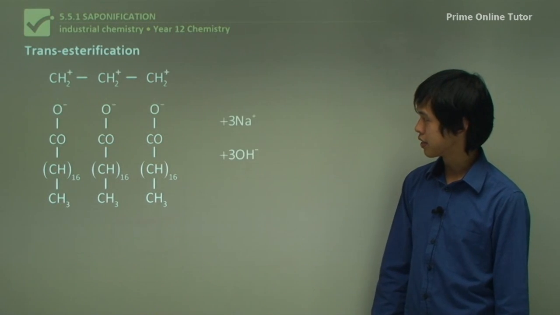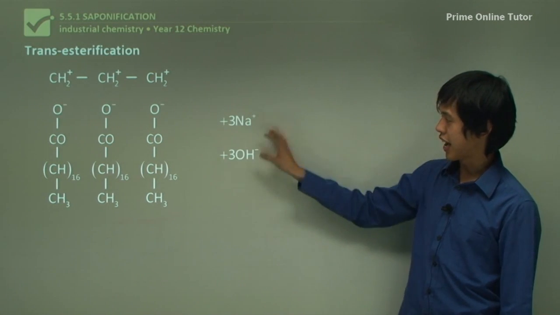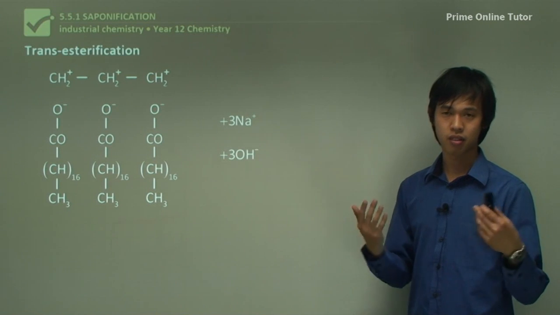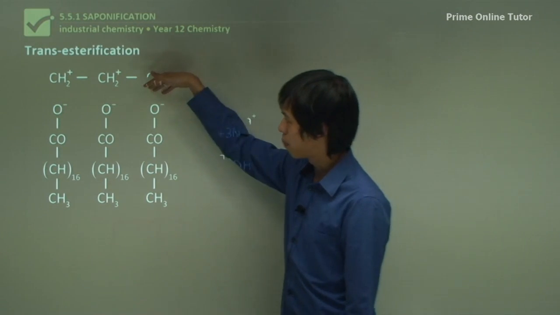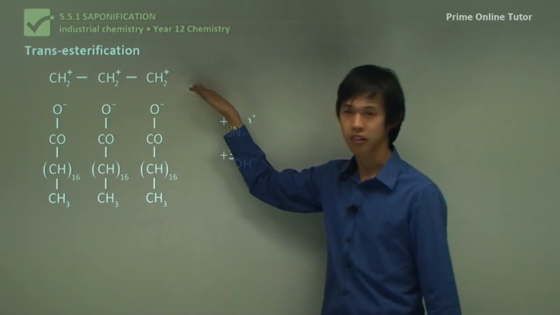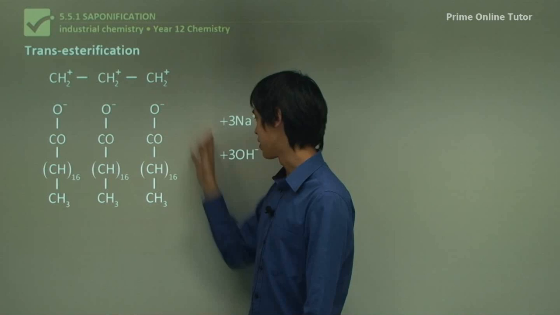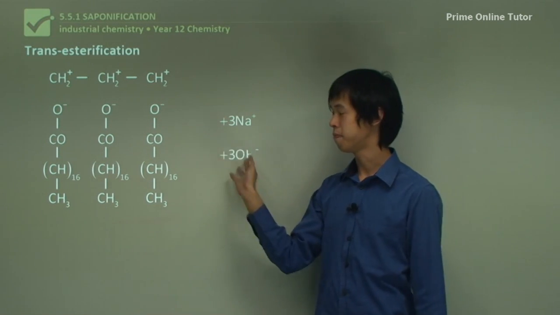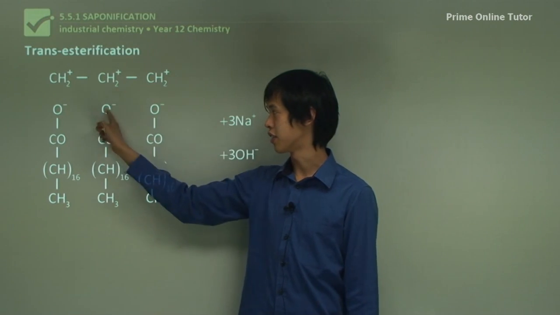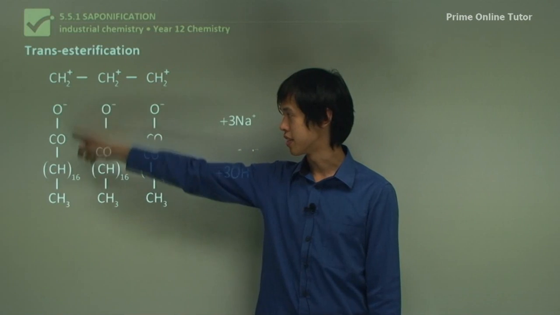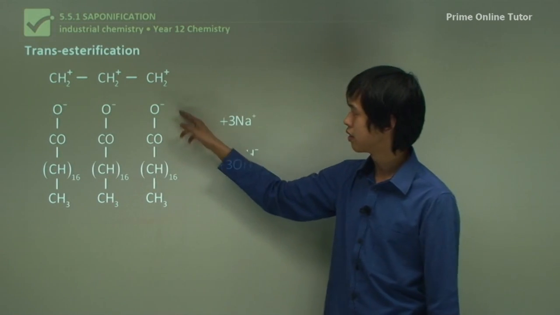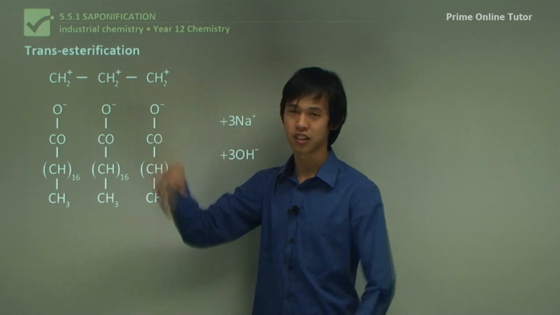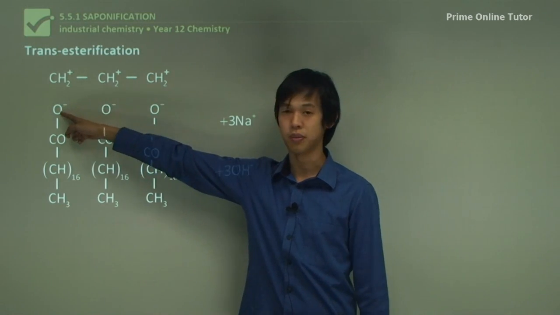What happens is the Na and OH break up, and you get 3 Na+ ions and 3 OH minus ions, and then the bonds that were here are all broken, because of the heat and also the presence of these ions. You get a negative charge on the end of each of these stearate molecules, or stearate ions, and a positive charge because they've lost the electrons that would have gone there.